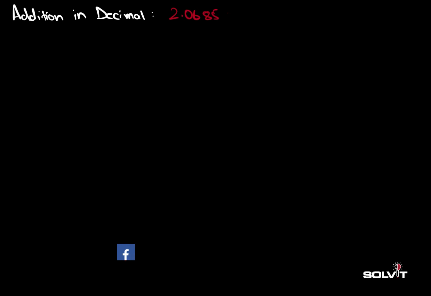So let's look at addition involving decimals. When additions are involved in decimals, there is a rule. The question says that we need to add 2.0685 plus 5.9284.